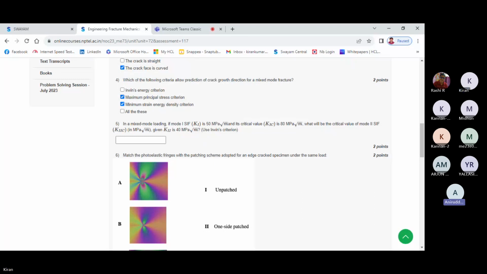If it is a circle, then it will obviously become K1 square plus K2 square equal to K1C square. But here our intention is to start with the ellipse, and if it is a circle, then K1C and K2C will become the same.